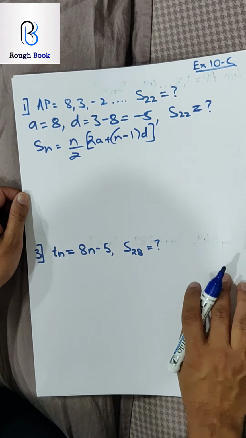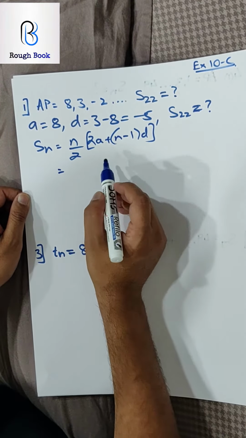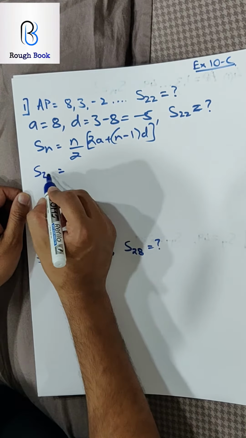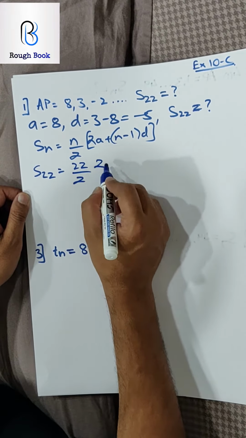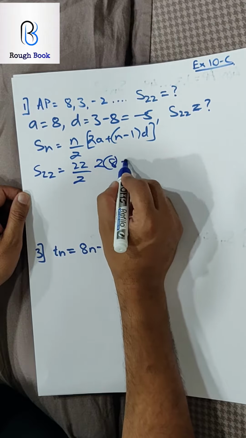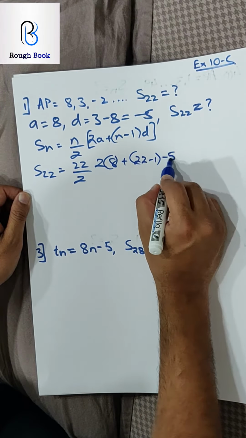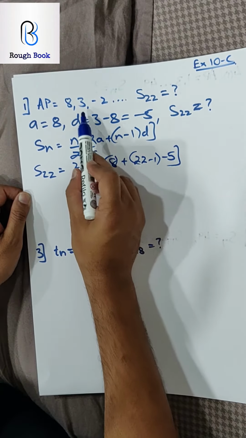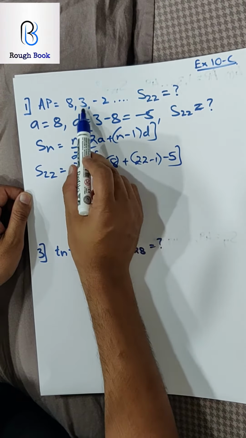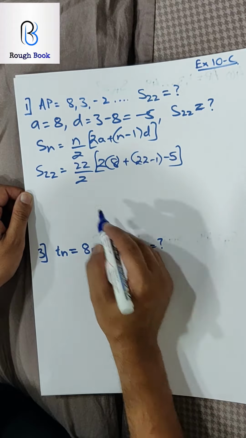I hope you could retain this formula well. So my n in this case is 22 because I need S22. So 22 by 2, 2 into a is 8, 22 minus 1 into d, d is minus 5. Remember d is t2 minus t1, that is 3 minus 8 and not 8 minus 3.